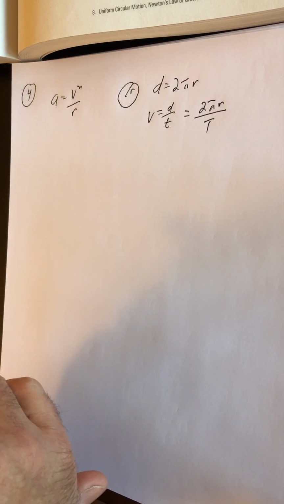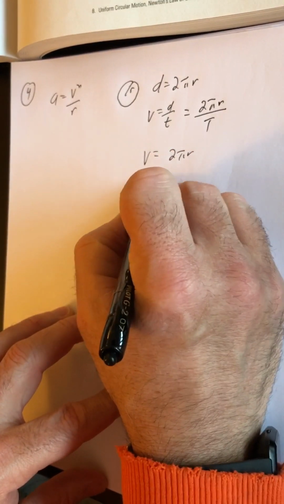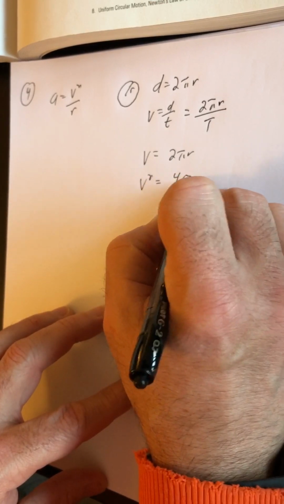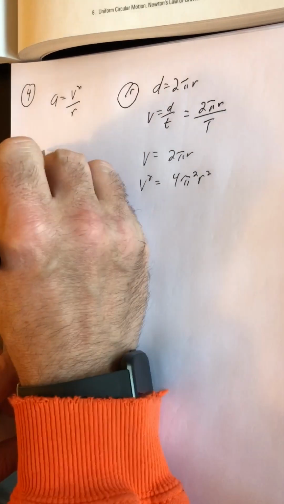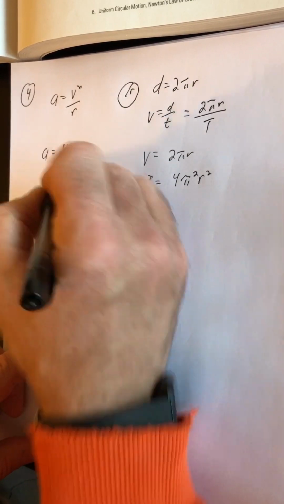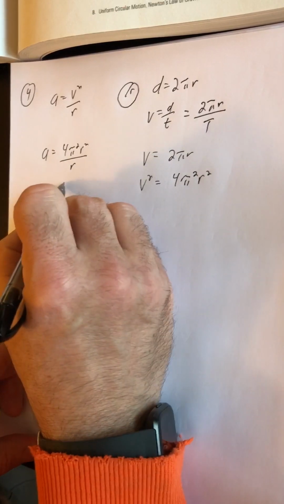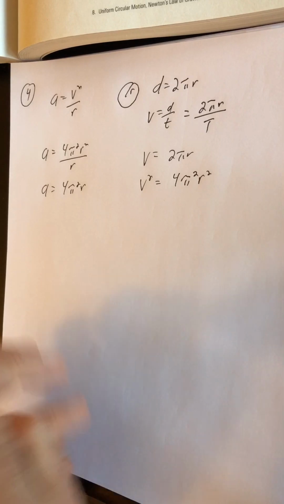In this problem, it said the period was 1. So velocity is 2 pi r. So velocity squared is 4 pi squared r squared. So a is going to be 4 pi squared r squared over r. One of the r's goes away. 4 pi squared r. That's choice D.